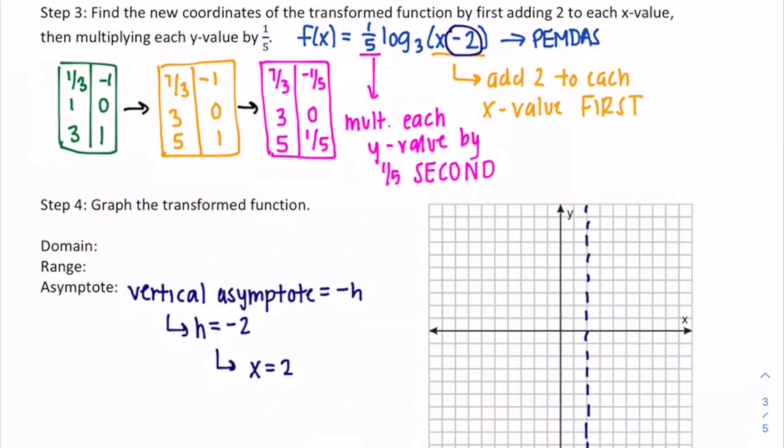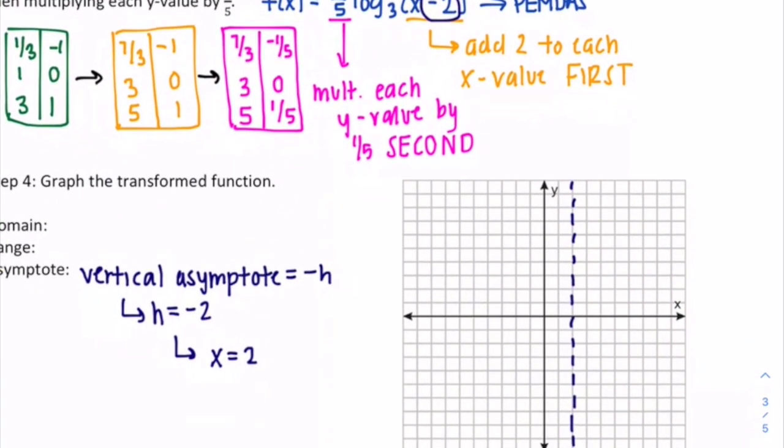And now we're using the points from our pink table to plot the new transformed graph.